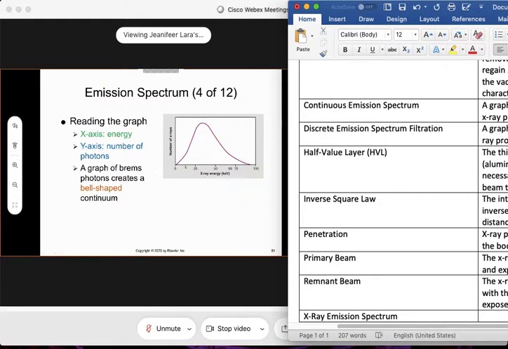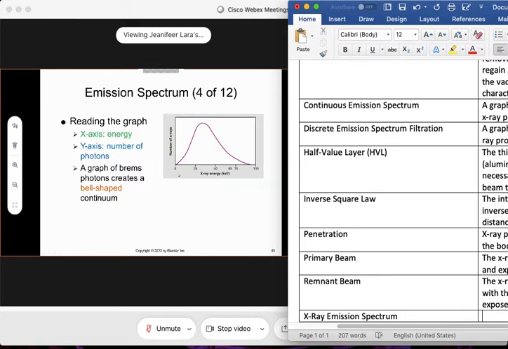All right, so reading the graph. On this x-axis, the horizontal axis, think back to high school math, college algebra. The x-axis is the horizontal axis. The y-axis is the vertical axis.